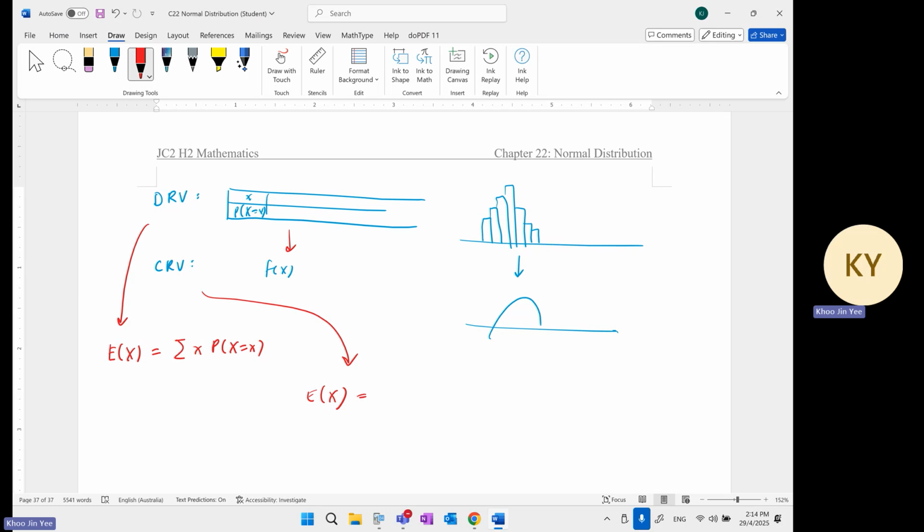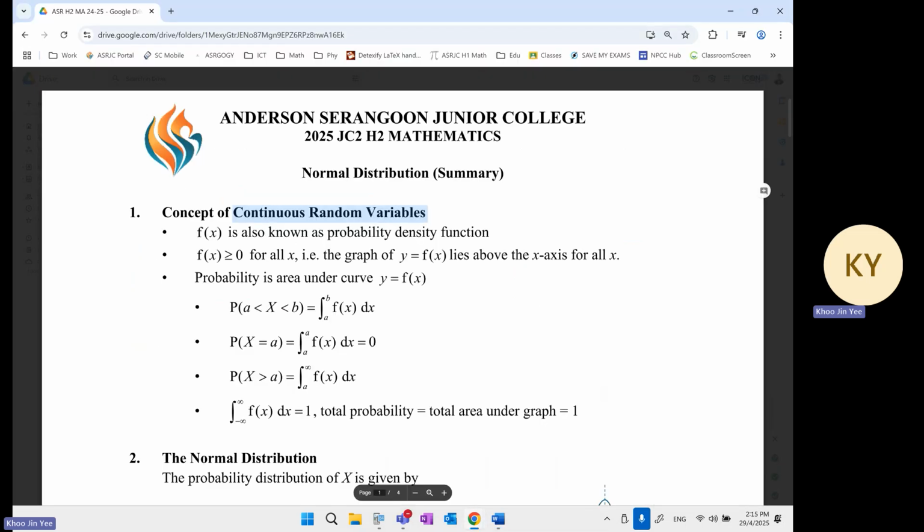You integrate. Technically, you just need to integrate. Now, do you need to do all these things? Technically, you don't need to for CRV. I'm just telling you that the CRV is just an extension of your DRV. That's all.